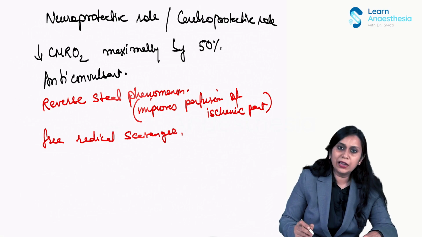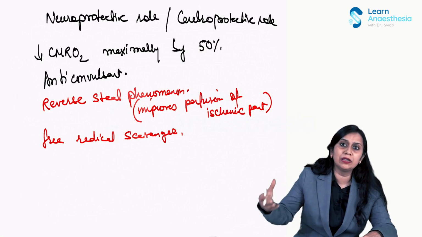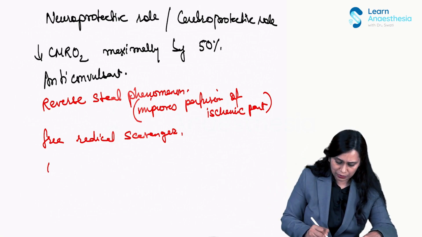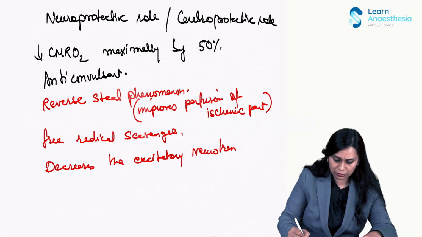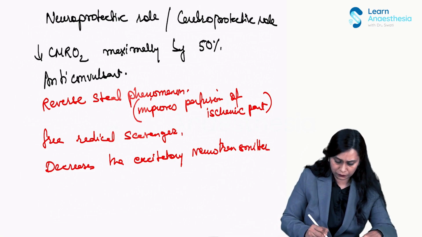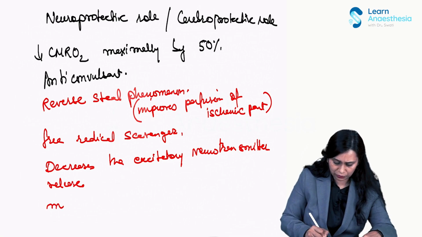Then it attenuates the excitatory neurotransmitter release, decreases the excitatory neurotransmitter release. This all leads to membrane stabilization.